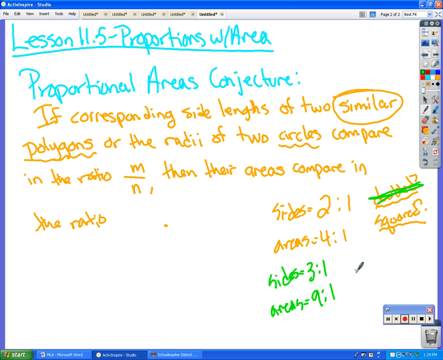Okay? So any fraction here will work. Then their areas compare in the ratio of what? What do I do with the ratio of the sides to get the ratio of the areas? Square it. So my area ratios would be m squared to n squared.